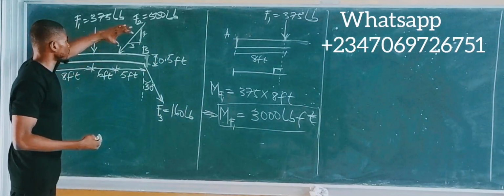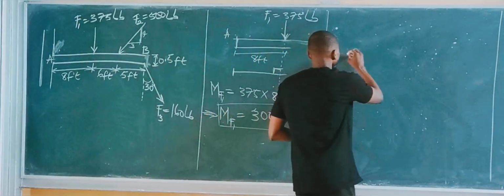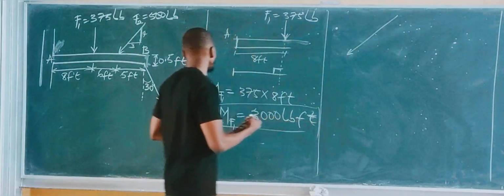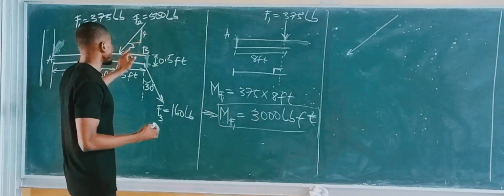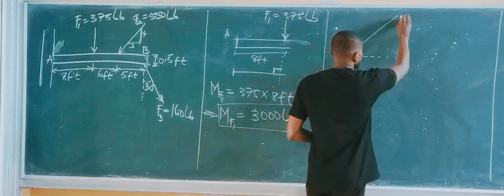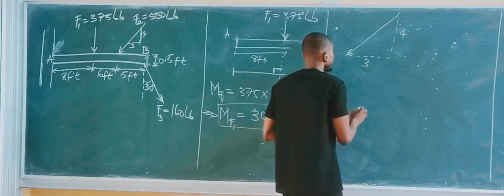Okay, so let's pull out this force now and analyze. We have this force inclined at an angle, and we are given this height of 4 meters and then 3 meters. So you have something like this. This is 4 meters and this is 3 meters.